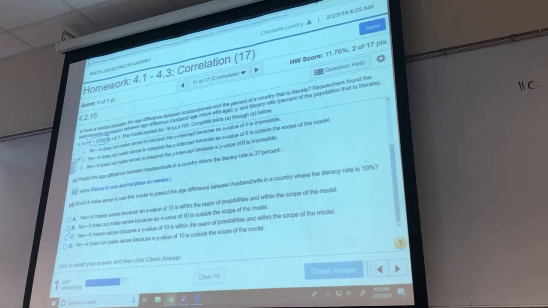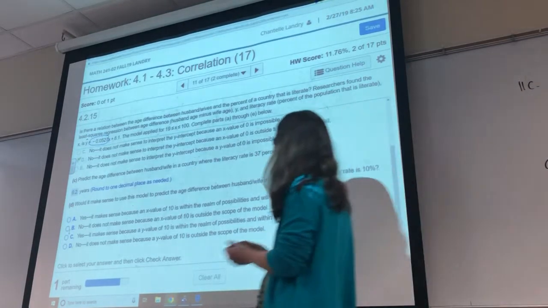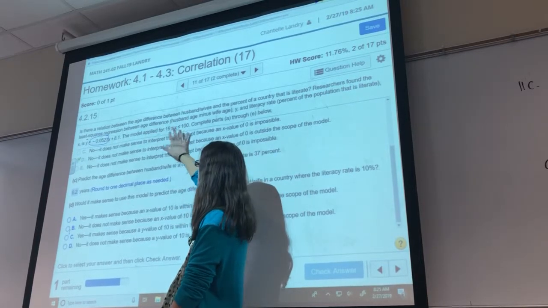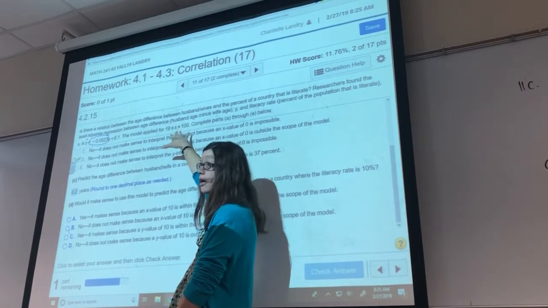Okay, and then they ask, would it make sense to use this model to predict the age difference between husband and wife in a country where the literacy rate is 10? So for part D, again, your literacy rate is your x, so in this case, x is 10%. So notice 10 doesn't fall in between 19 and 100, so we can't use this model because our x is not in that range.